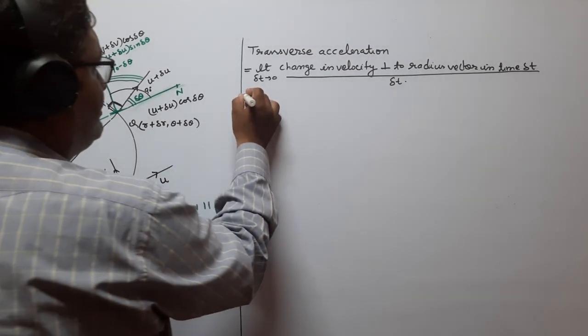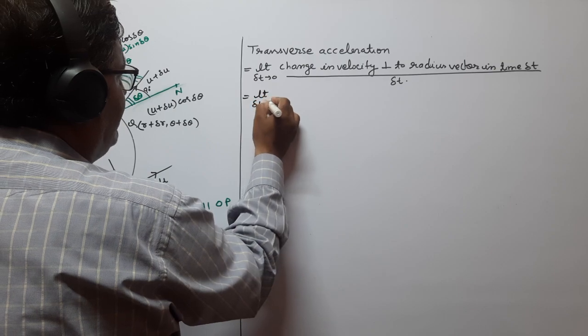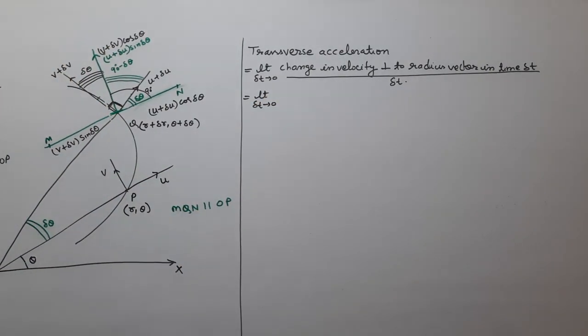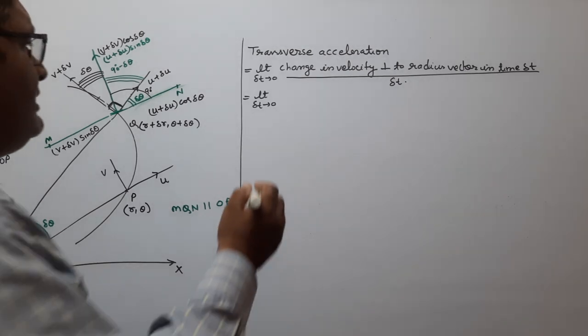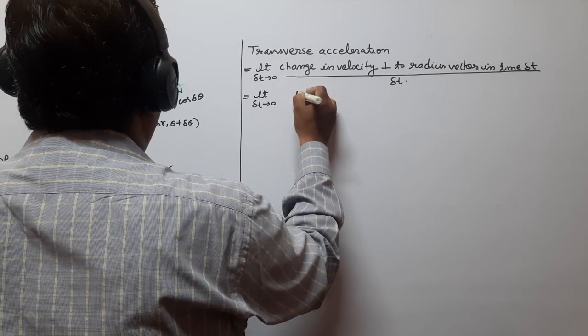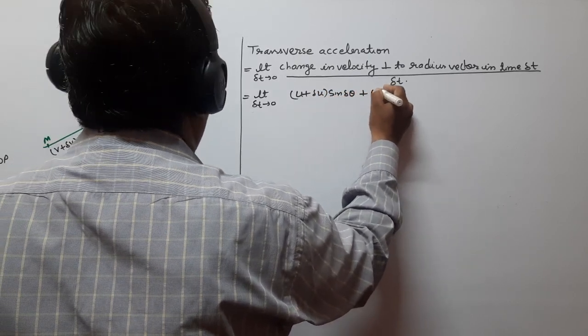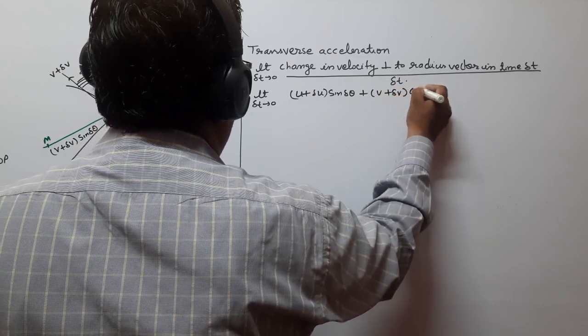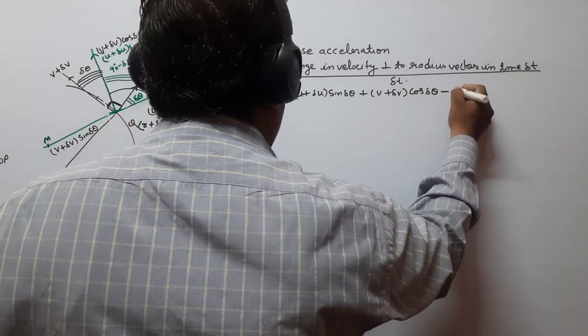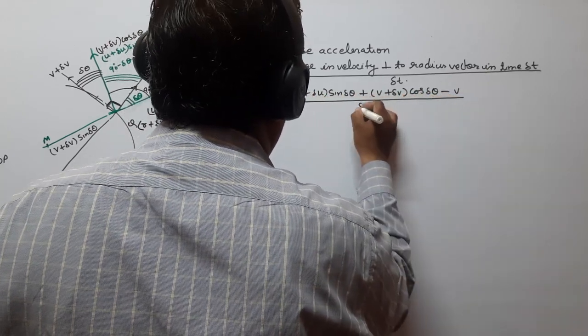We know that change in velocity in perpendicular direction means final velocity minus initial velocity, that is velocity at point Q minus velocity at point P. So velocity at point Q in perpendicular direction to the radius vector is, we can see here, (u plus del u) sin del theta plus (v plus del v) cos del theta, minus v, divided by del t.